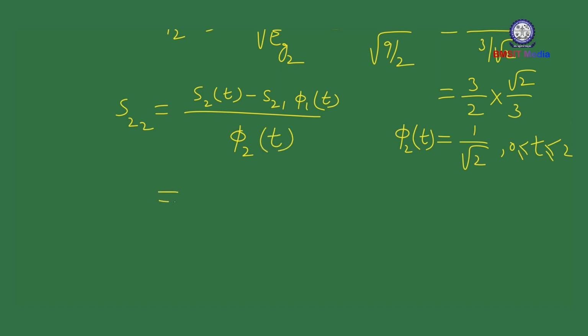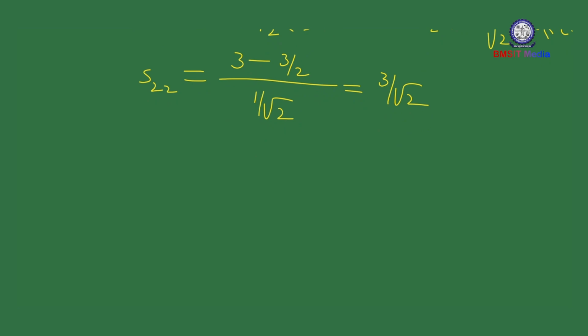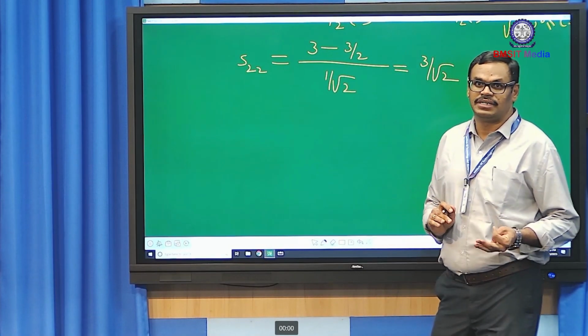S2 of t is 3, which exists over the interval 0 to 2, and the value of S21 phi 1 of t is 3 by 2. The value of phi 2 of t is 1 by root 2. So the value of S22 is 3 by root 2. So in the second step, I could find three things: S21, phi 2 of t, and S22.